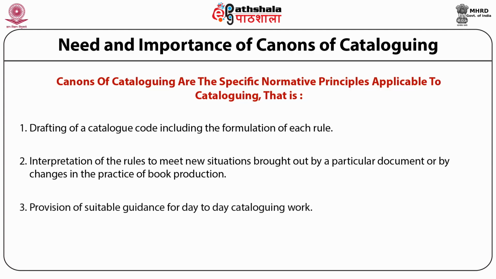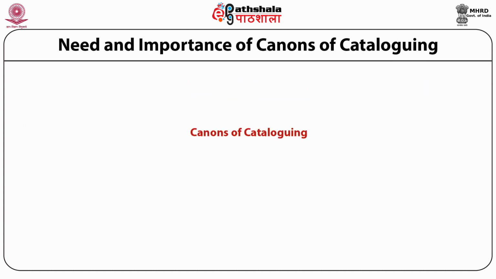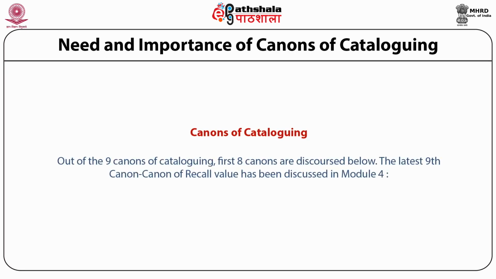Third, provision of suitable guidance for day-to-day cataloging work. Fourth, to make critical study of any catalog code. Canons of cataloging. Out of the 9 canons of cataloging, the first 8 canons are discussed in this module.